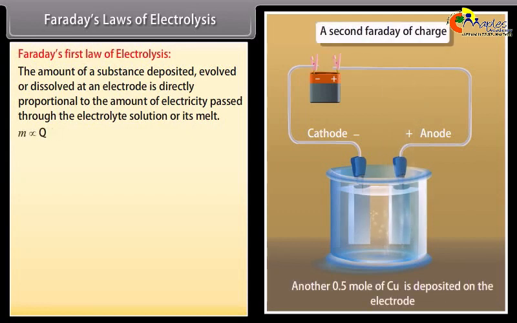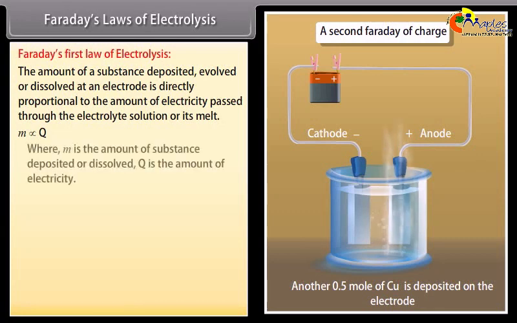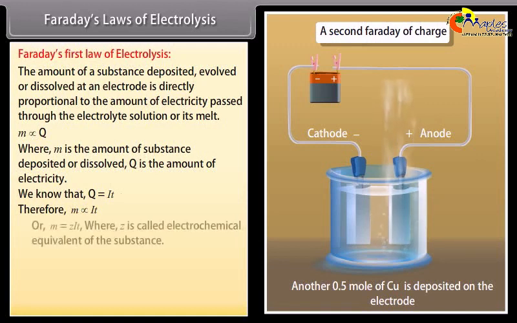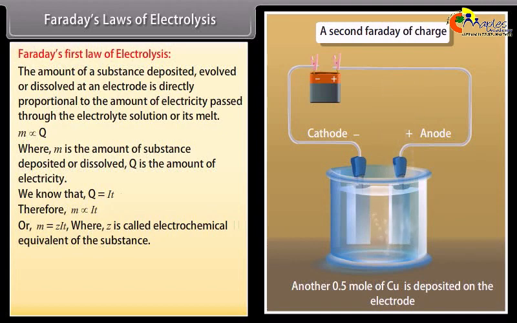M is directly proportional to Q, where M is the amount of substance deposited or dissolved, and Q is the amount of electricity. We know that Q is equal to IT. Therefore, M is directly proportional to IT. It can be written as M = ZIT, where Z is called electrochemical equivalent of the substance.